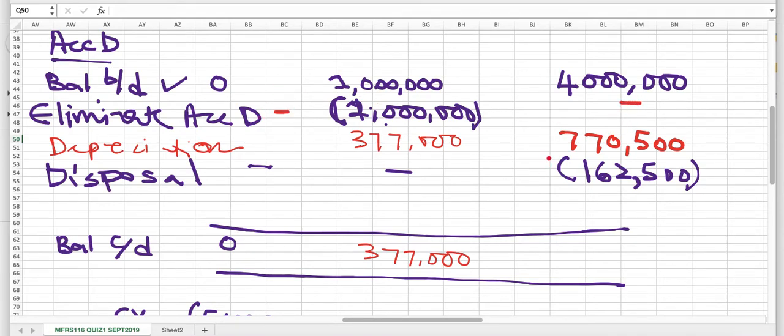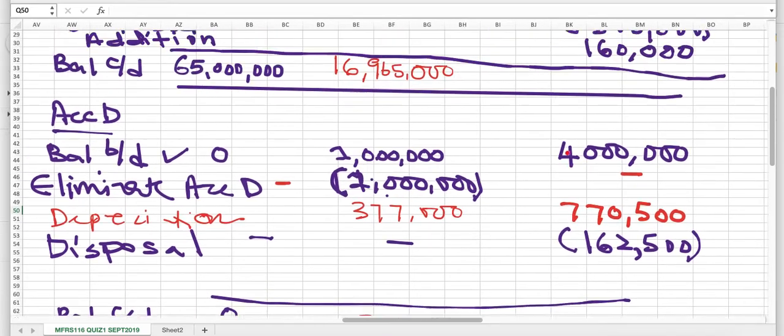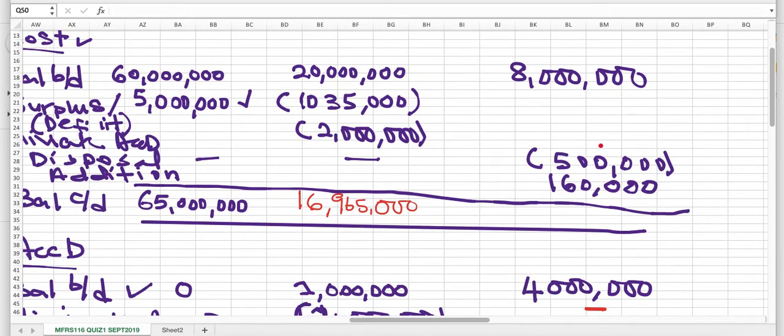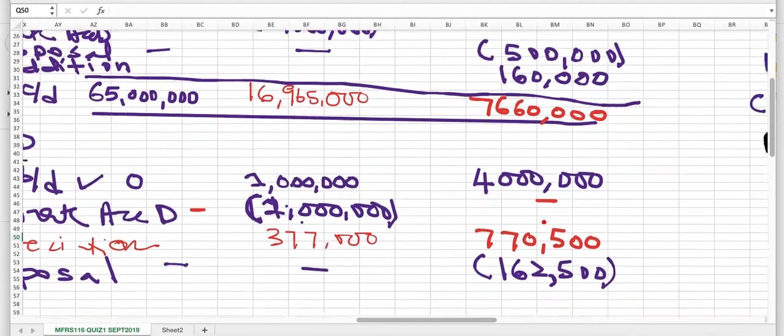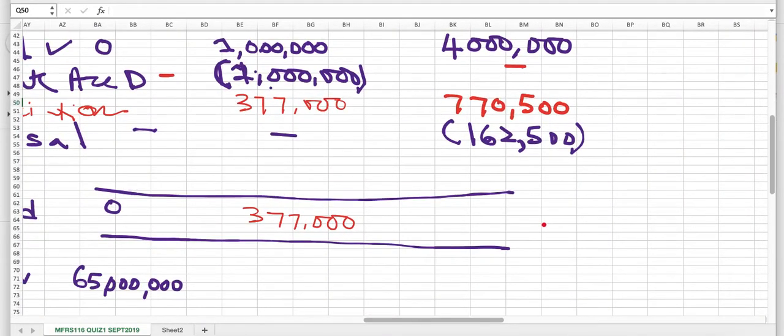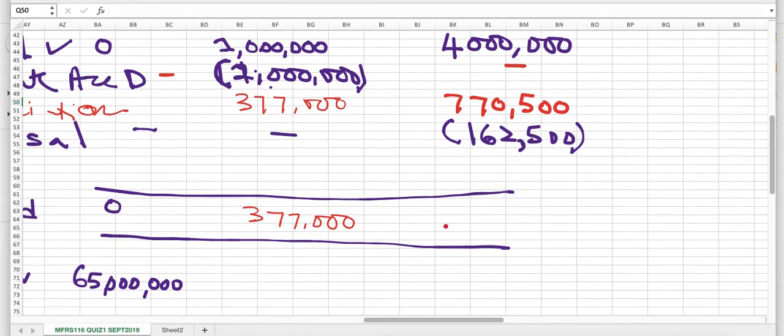Okay, so you add up yang atas ni akan dapat 7,660. Please calculate ya. And then for the accumulated depreciation, you have 4,608,000.